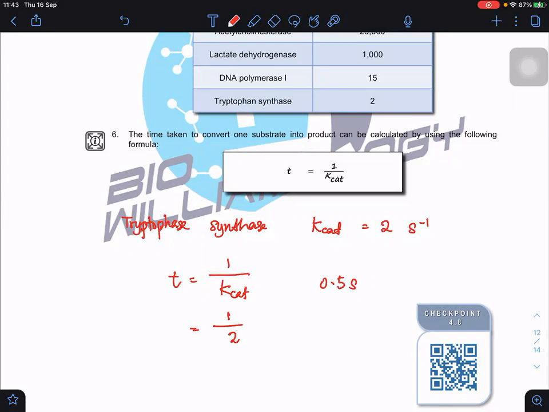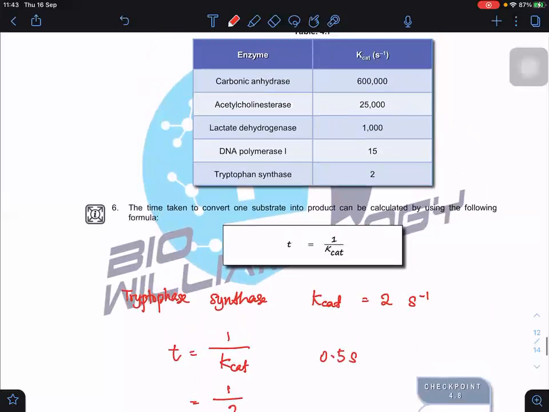So what is the use in this case? If in the industrial process you know that your enzyme has a very low turnover number, because each enzyme in 1 second can convert 2 substrates into product only, then you know that I have to increase the enzyme concentration. Correct or not? If my turnover number is low, I have to use more enzyme.